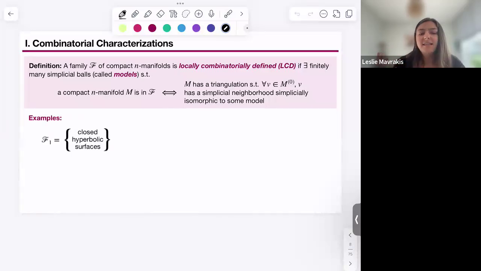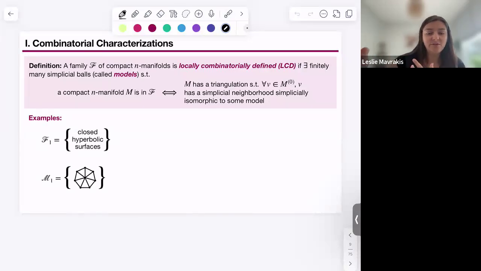If I take the set of closed hyperbolic surfaces, then every closed hyperbolic surface can be triangulated in some way so that every vertex has valence 7. And if I hand you some surface and you can put a triangulation on it so that every single vertex has valence 7, then you can show that it has to be a hyperbolic surface.